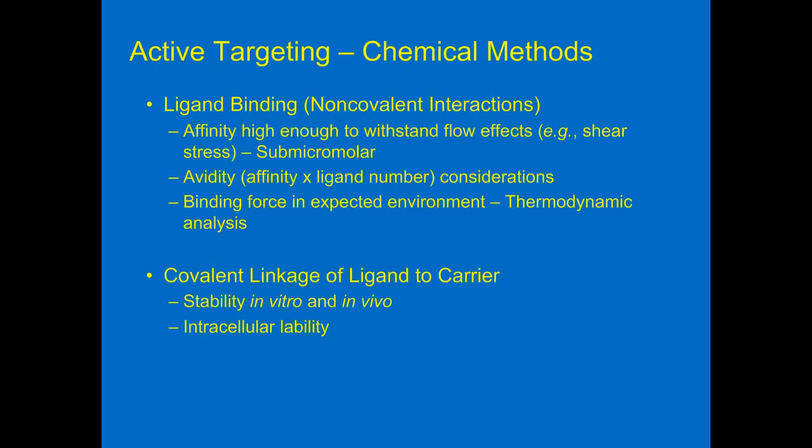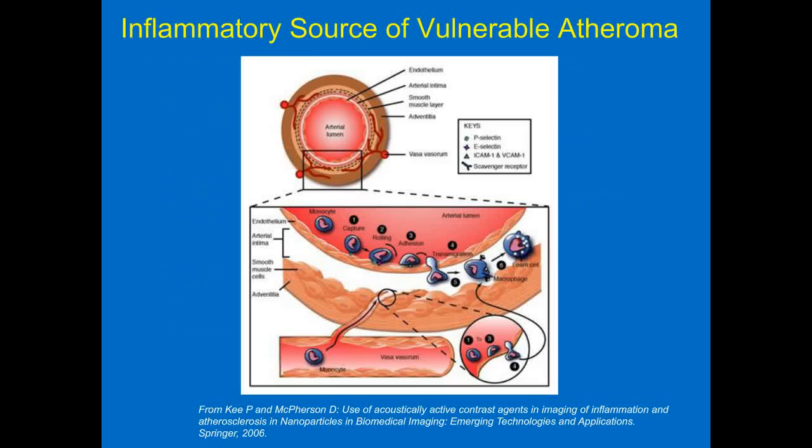And there are a number of formulations that have been made so that the bonds will break inside a lysosome, for instance, at a lower pH. So these are some considerations for targeting as an introduction.